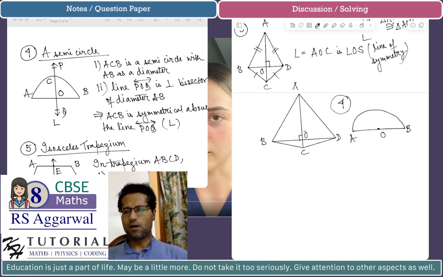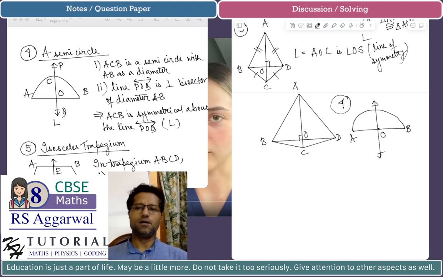Now, if you draw a line perpendicular to the diameter AB, passing through the center O, this line will be the line of symmetry of this semicircle.